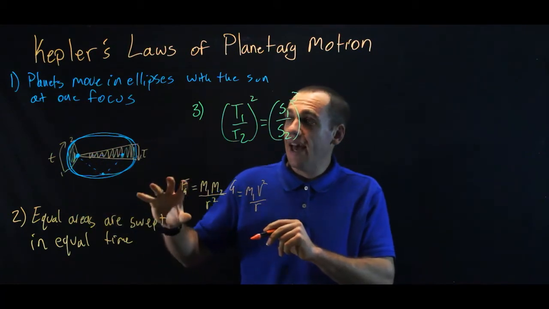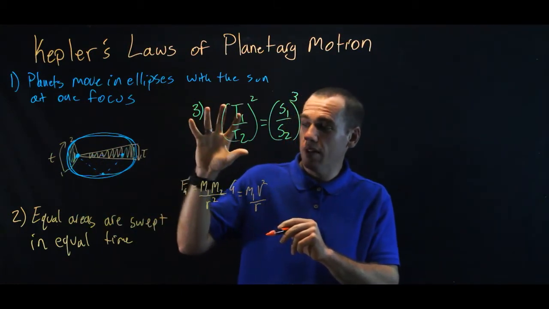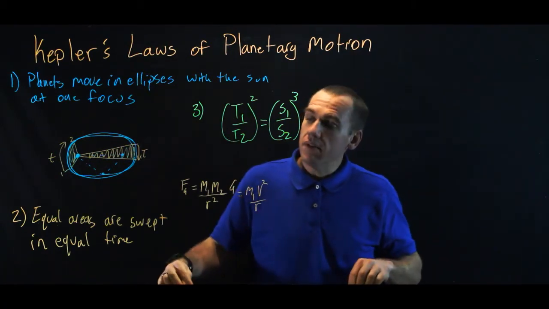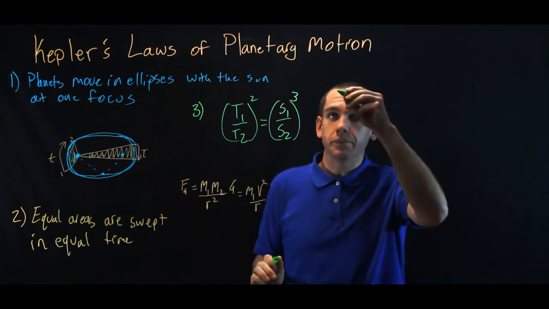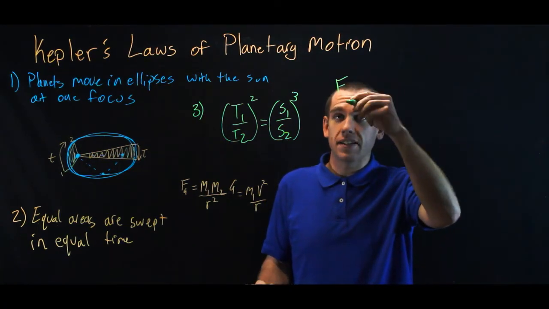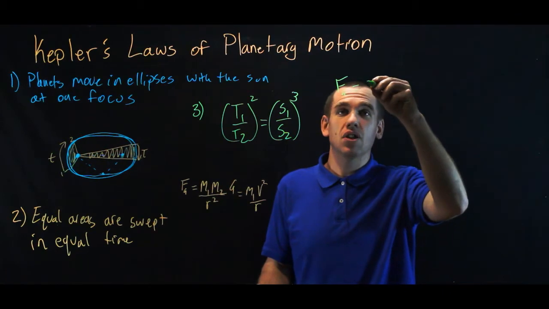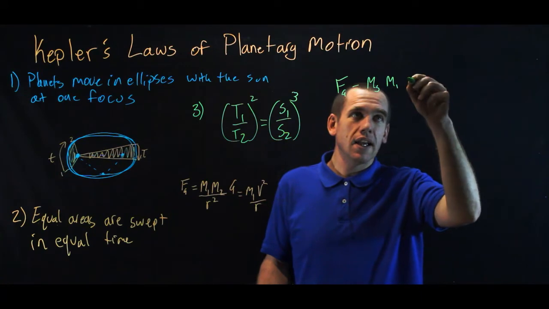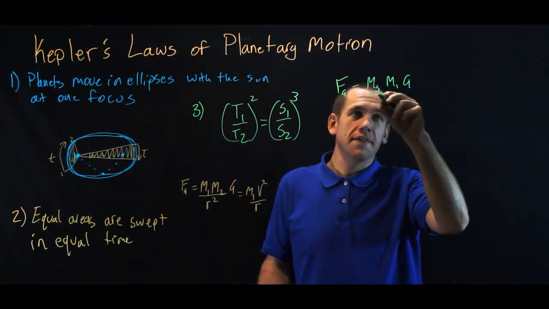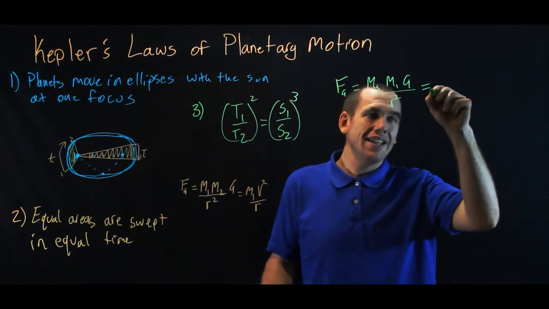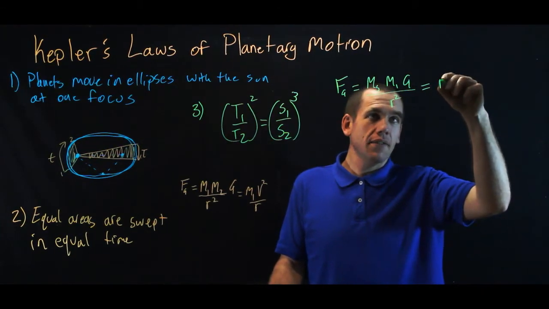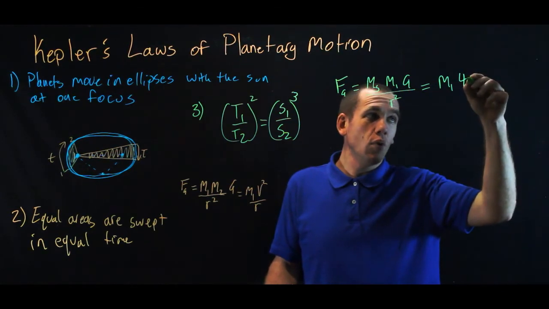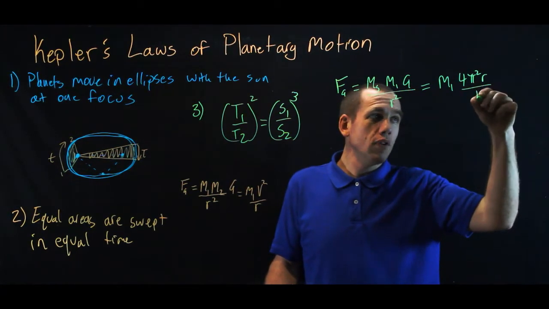Now, we take that and combine it with another planet to actually derive the third law. If we take Newton's law of universal gravitation, the gravitational force between two things, the mass of the sun times the mass of planet 1 times the universal gravitational constant G divided by the distance between them squared, is equal to the mass of that planet, m1, times the centripetal acceleration, which we can write as 4 pi squared r over t squared.